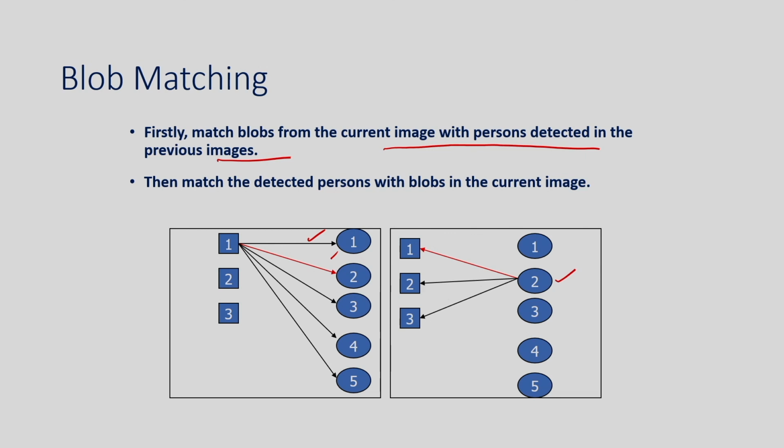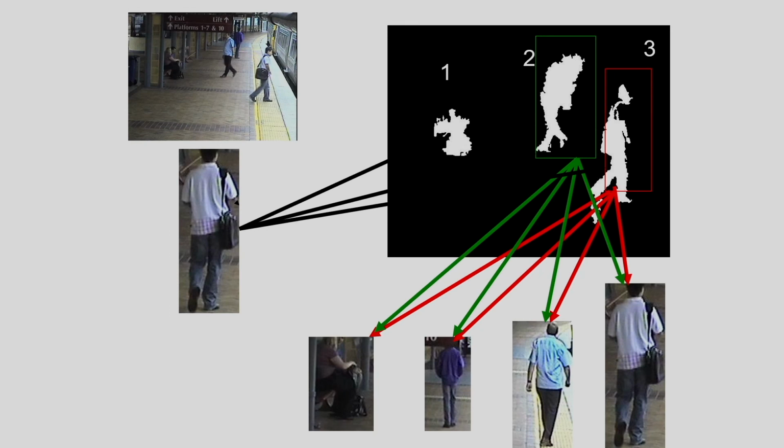In the next slide you can see this concept. What is the two-way matching? That is nothing but the blob matching. The blob means the foreground objects detected after background modeling. Here you can see I am considering the tracking of these pedestrians, and you can see I am detecting the blobs. These are the blobs after background modeling, so I am getting the foreground objects.